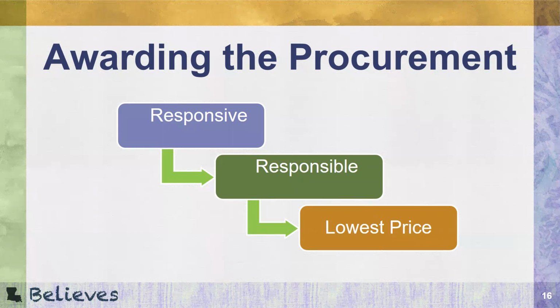Responsible means that the vendor is capable of performing successfully under the terms of the contract. So once you determine that the vendors are both responsive and responsible, then you would award using the lowest price. And make sure you document all procedures.